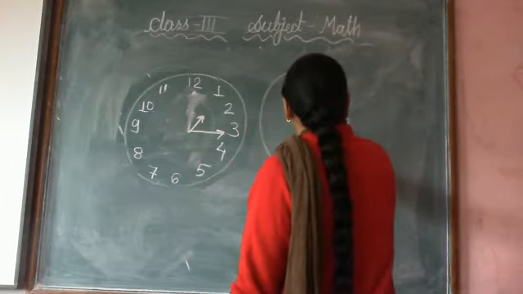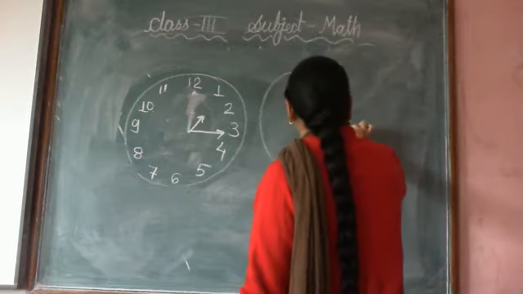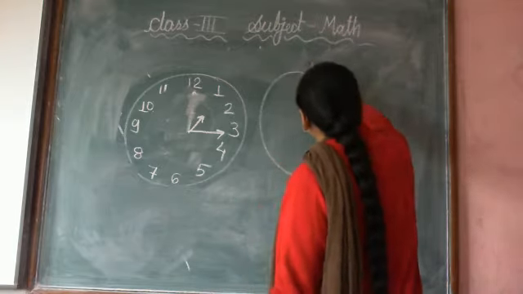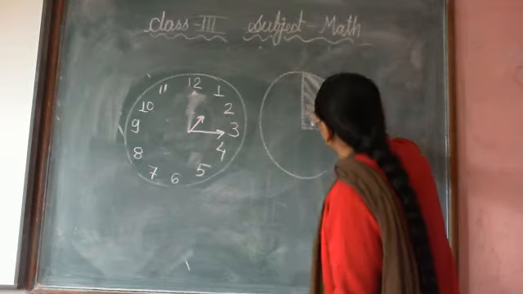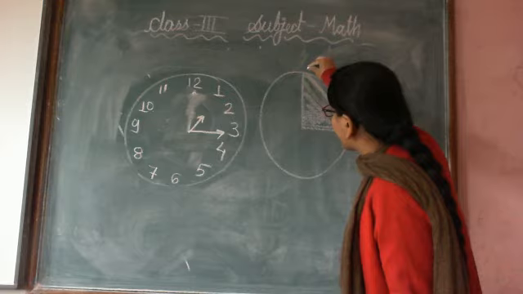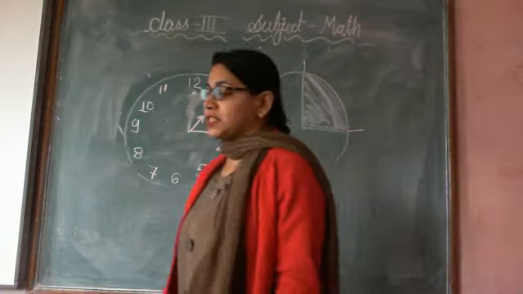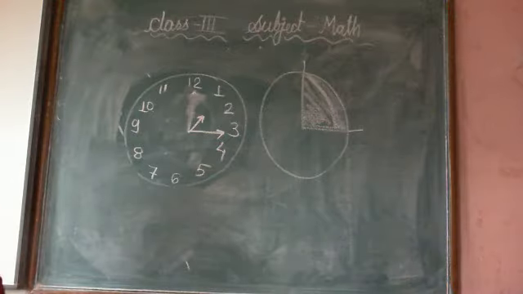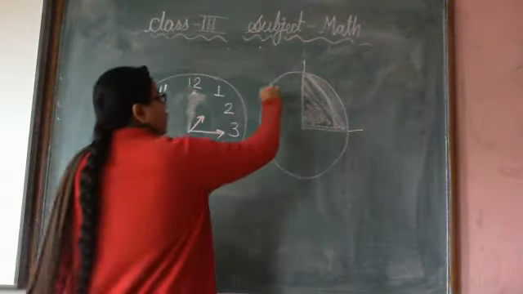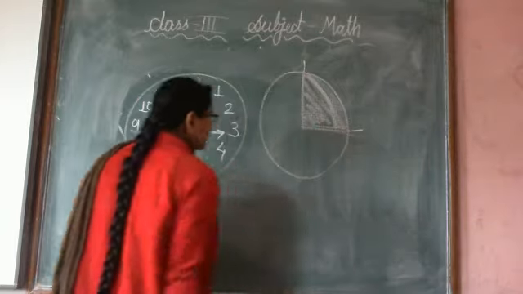The minute hand started from here and now it is here. So the minute hand has covered this much part. See, from 12 to 3. The minute hand has covered this much part. And what do we call this much part? Full circle, half circle, quarter circle.